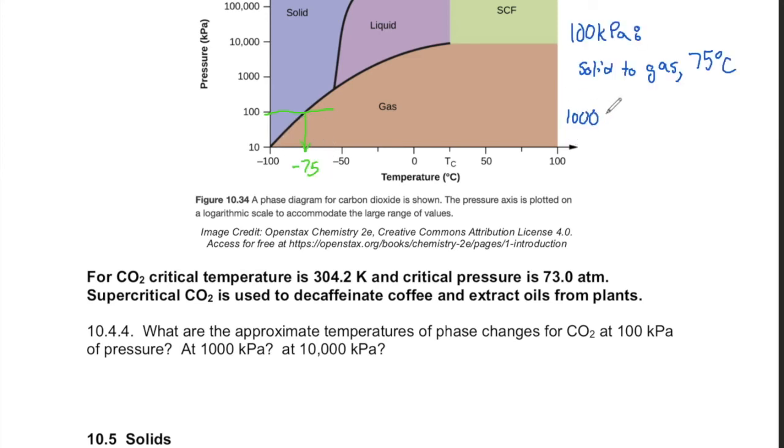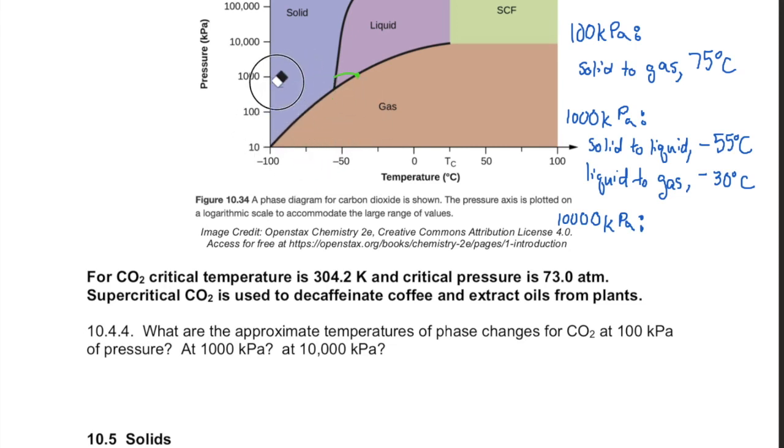At a higher pressure of 1000 kilopascals, we can actually get some liquid carbon dioxide. So we'll get solid going to liquid at maybe minus 55. And then liquid would go to gas at maybe minus 40, minus 30 perhaps.